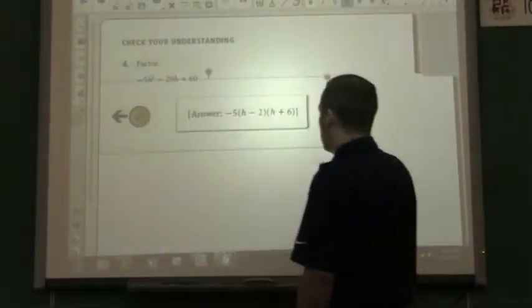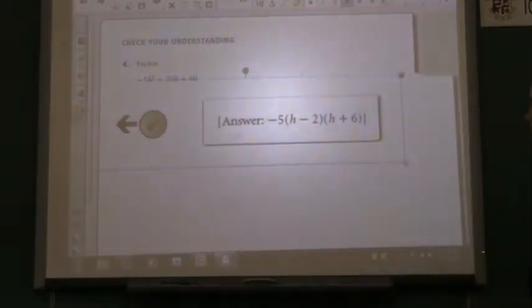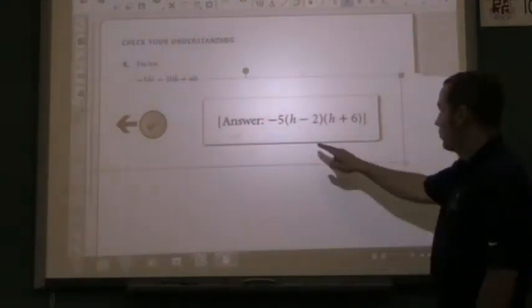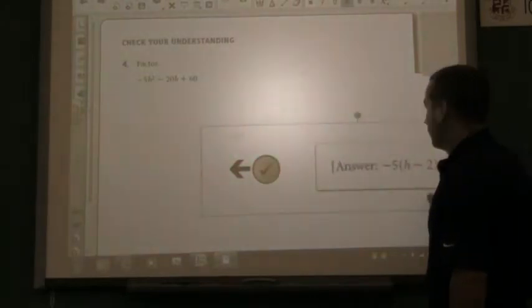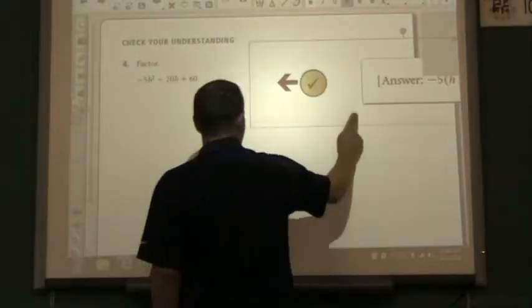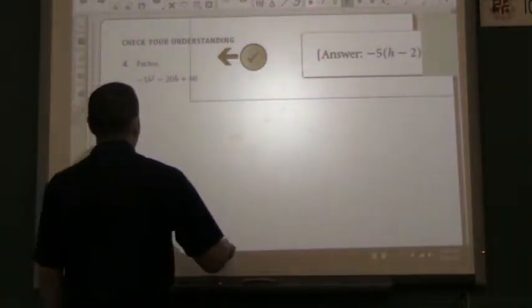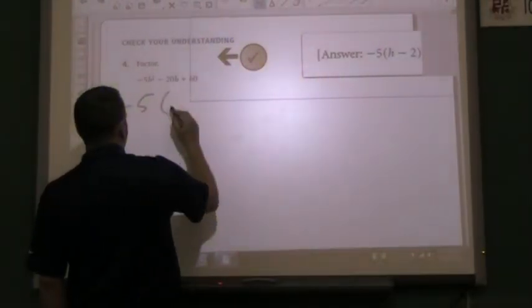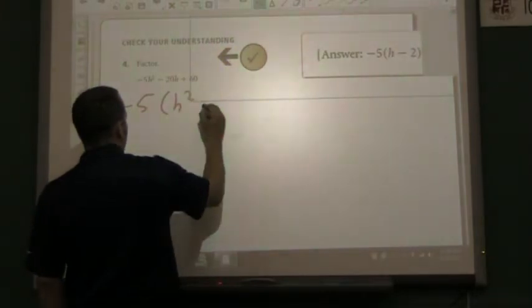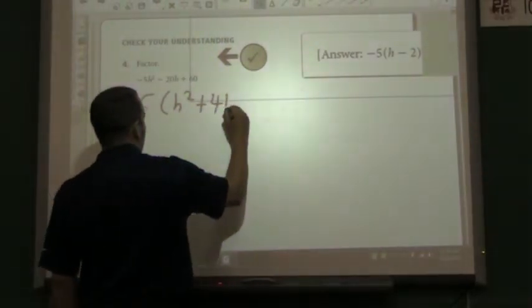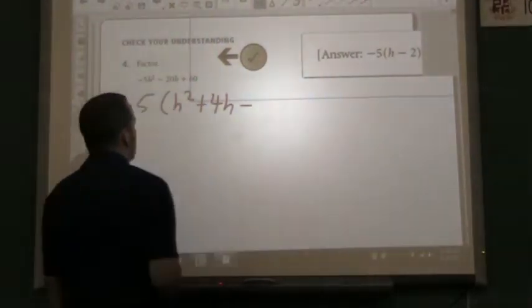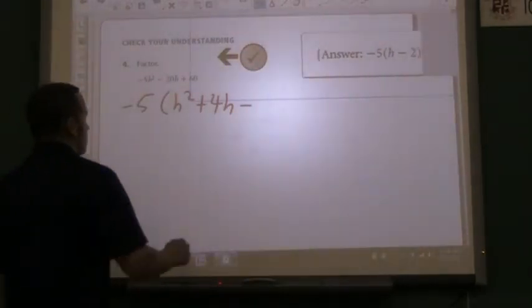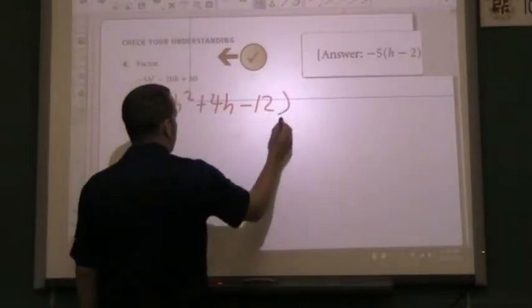Okay, so there's your answer. I'll quickly go through how they got it. So you pull the negative 5 out in front. When I do that, I end up with h squared plus 4h minus 12, I believe.